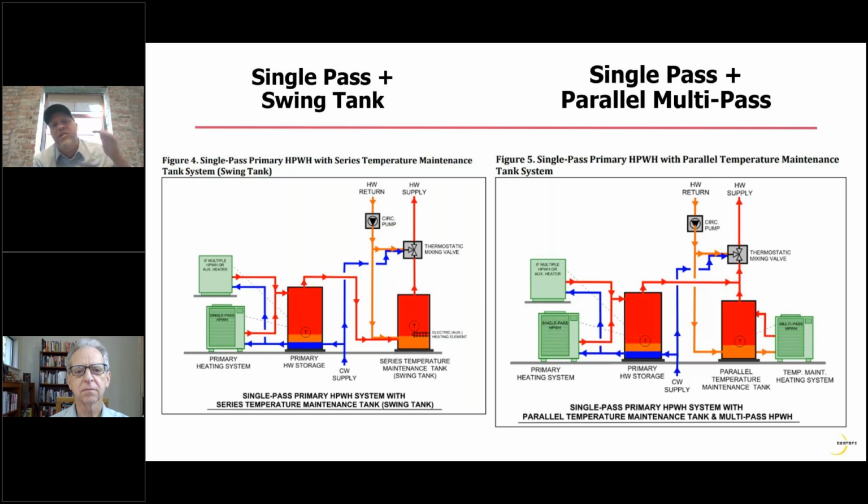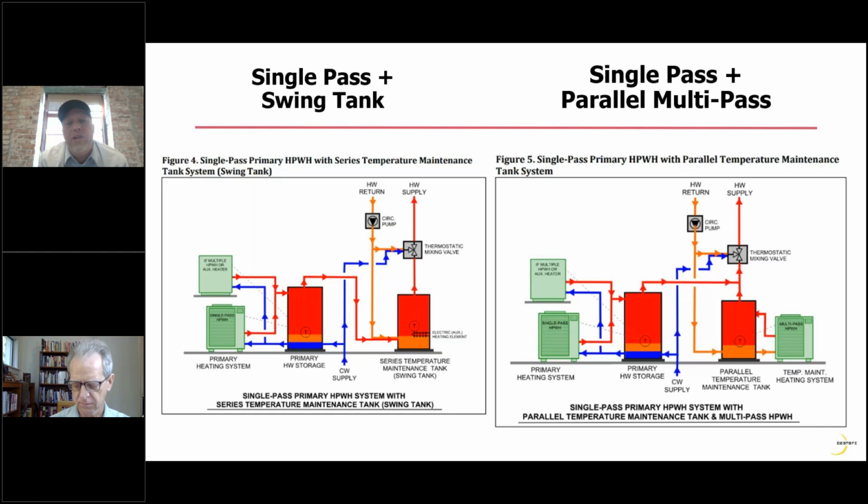It's not a steady temperature. The idea is you've got hotter temperature in the primary storage, and that will mix with the cooler return temps. What comes out is a usable temperature that advances to the mixing valve.